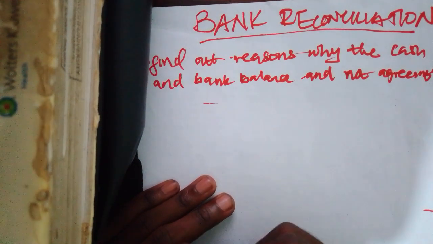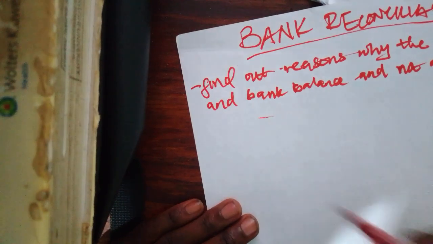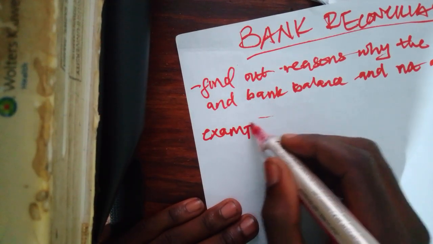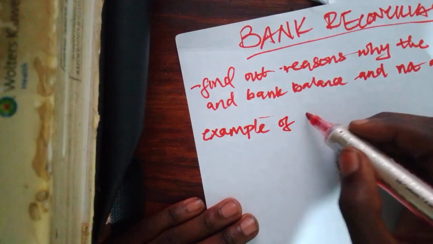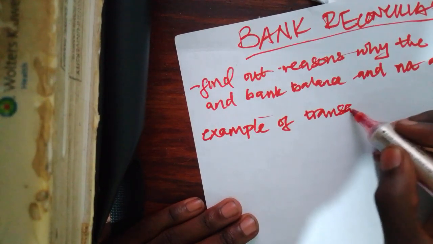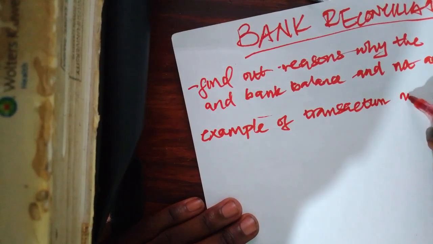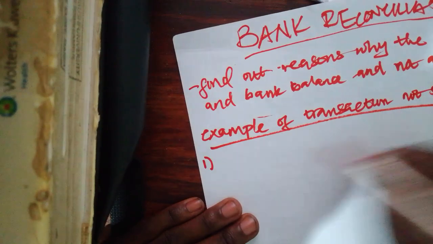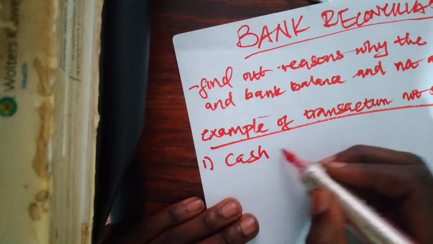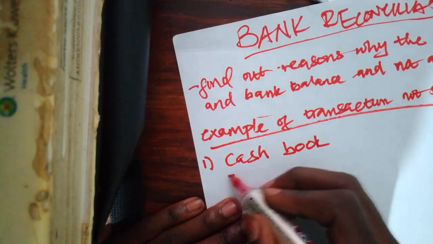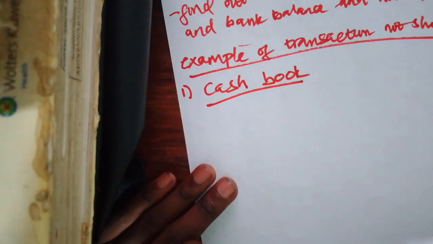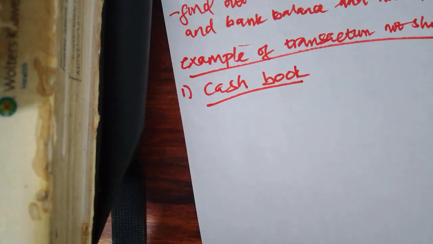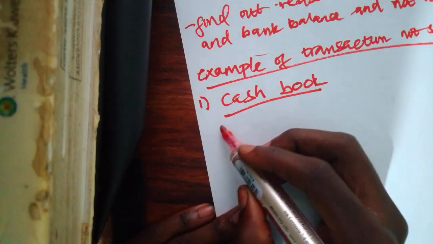Some transactions, for example dividends, are examples of transactions not shown in the cash book. So we'll start looking at those transactions which are not shown in the cash book but are present in the bank. The first one is dividends.